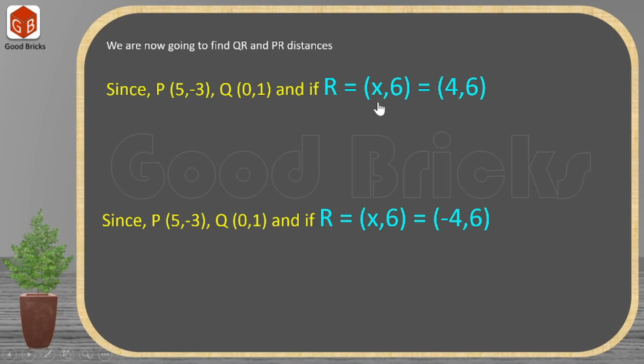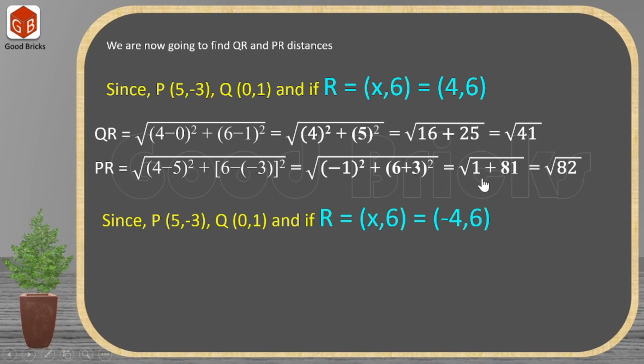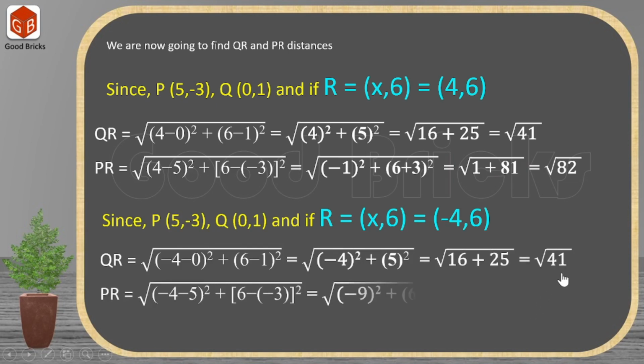Using the value of x, we can write the coordinates of point R as 4, 6 and minus 4, 6. So when R is 4, 6, then QR is root 41 and PR is root 88. If R coordinates are minus 4, 6, then QR length is root 41 and PR length is root 162.